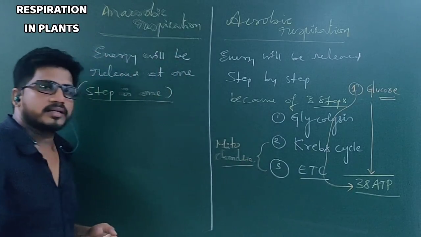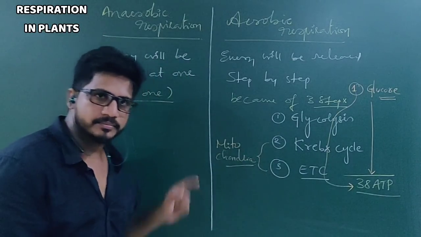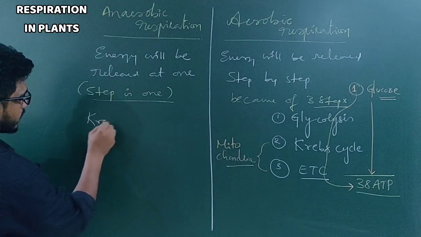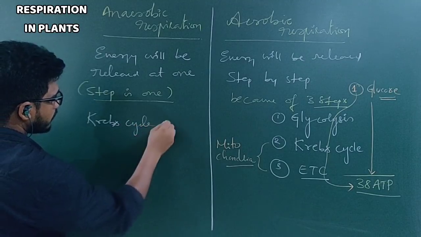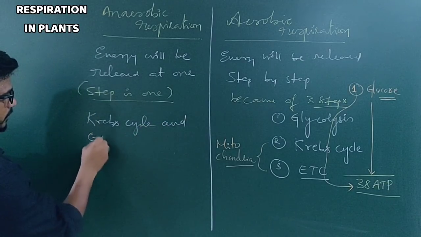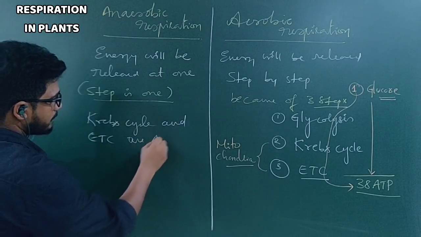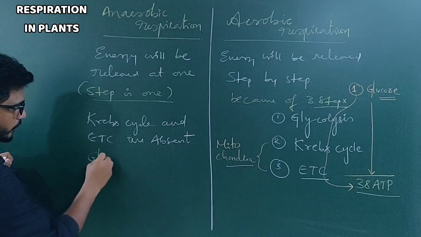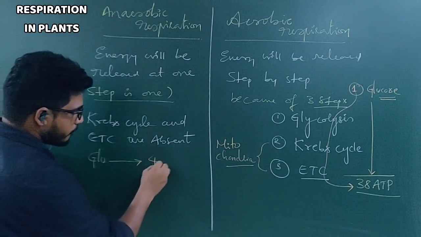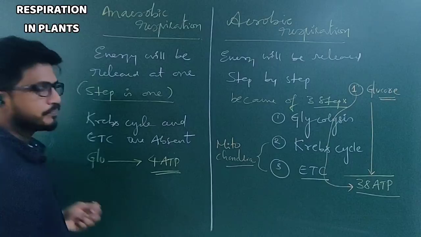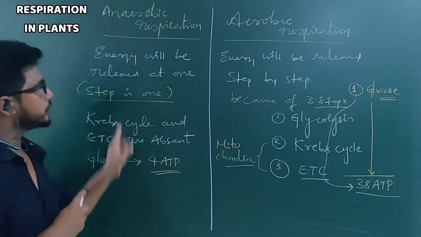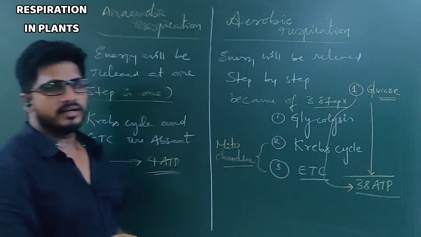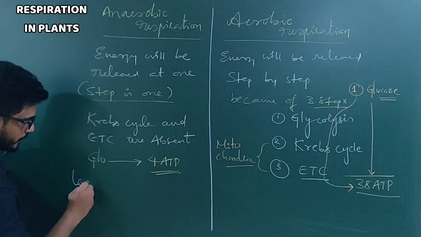Now guess which steps are absent in anaerobic respiration? The Krebs cycle and electron transport chain are absent. So if a glucose molecule is oxidized, only 4 ATPs are produced. So the least energy is produced in anaerobic respiration, and much more energy is produced in aerobic respiration.